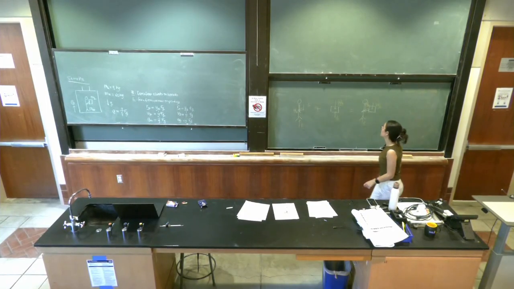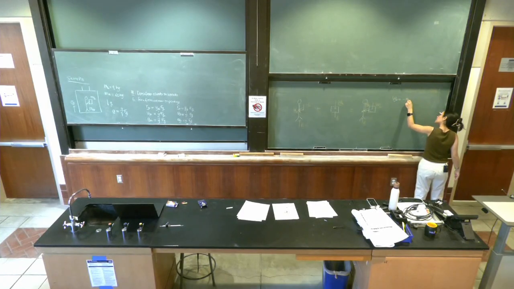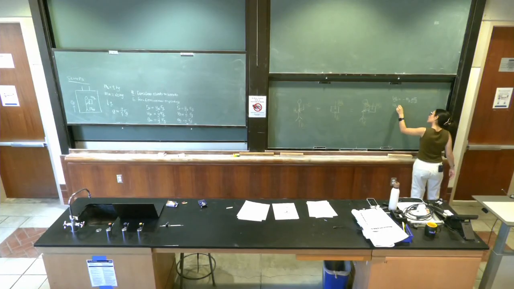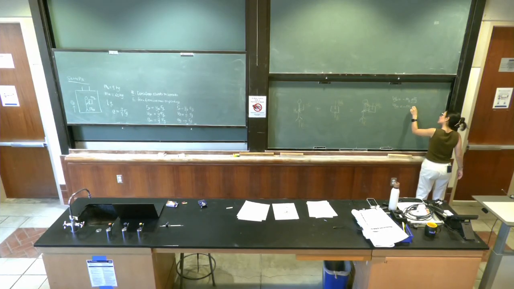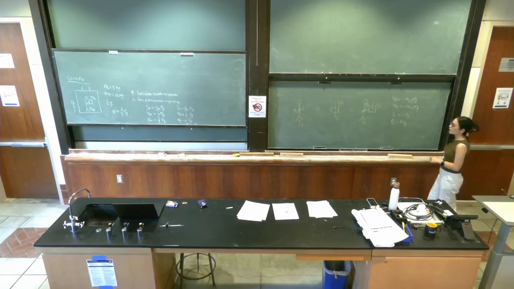So here, W of the box is minus M_box g EY, W of the woman is minus M_woman g EY. The lift force is L EY, R is I. Okay.